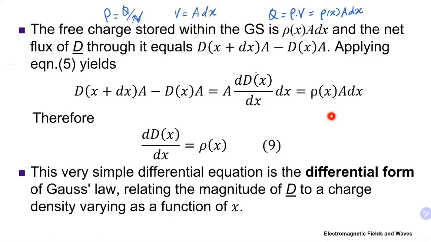So in the previous one we have D2 A minus D1 A equals the charge at the interface. Here we have D at the distance x plus dx times A minus D at the distance x times A, now equal to the charge density times the volume.